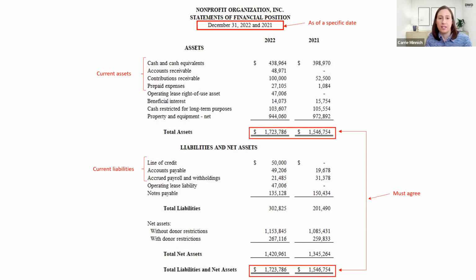When we're looking at this statement of financial position and all the numbers on it, there are certain things you probably want to ask yourself to determine, okay, is this correct? What is this telling me about my organization? So the first thing is significant variances from last year. So whether you look at a year-end audited statement or your internal financial statements, hopefully you're showing two periods.